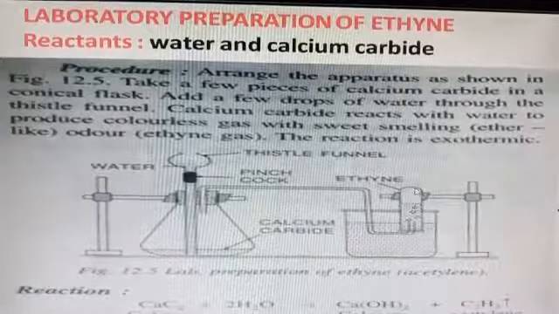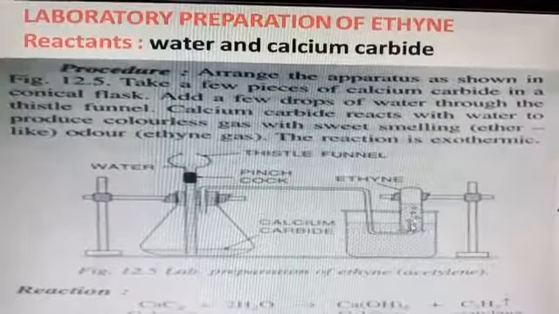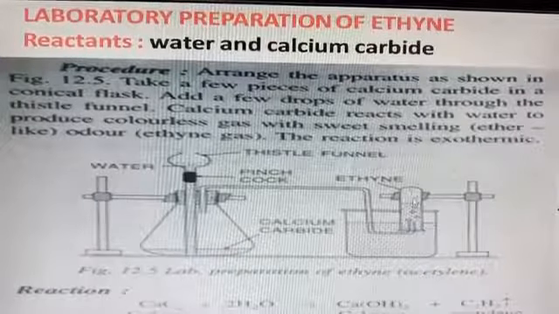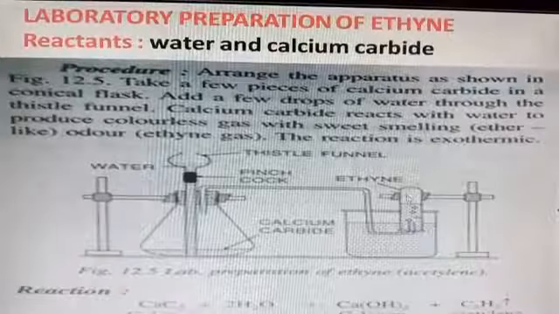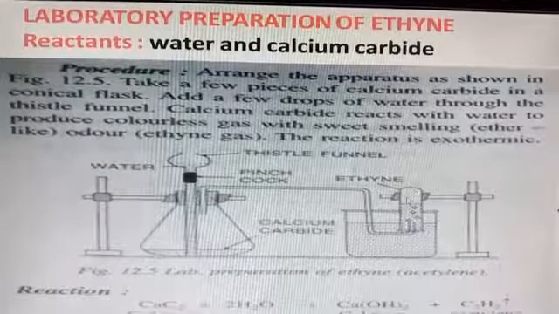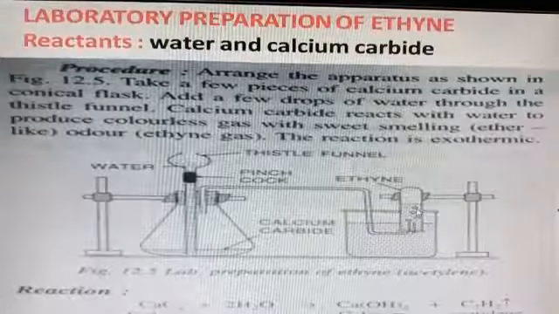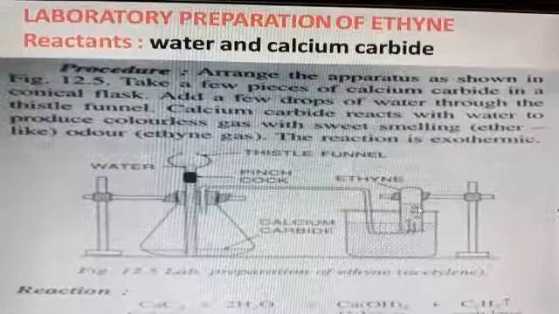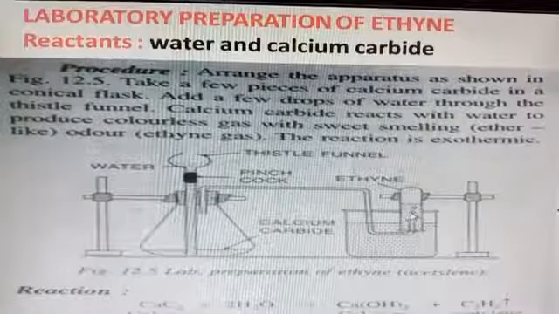So this will be collected here by the downward displacement of water. When these gas bubbles go up, since gas is also matter, it occupies space. So when it occupies space, the water level goes down. That means water will be displaced downward. So this is downward displacement of water.